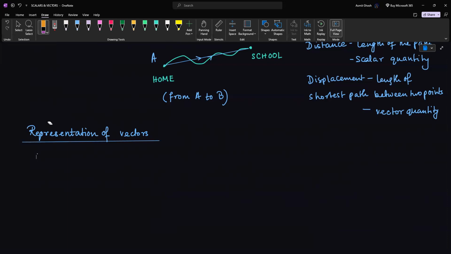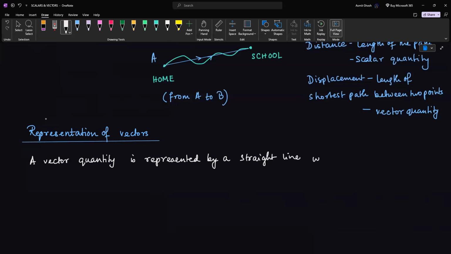So a vector quantity is represented by a straight line with an arrow at one of its ends. For example, we can represent a vector like this.